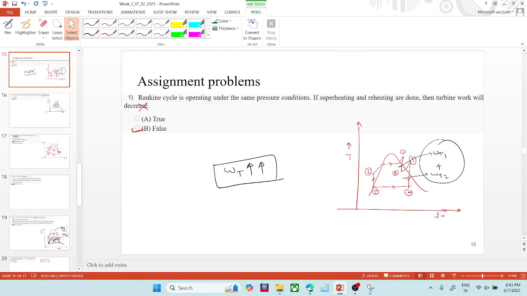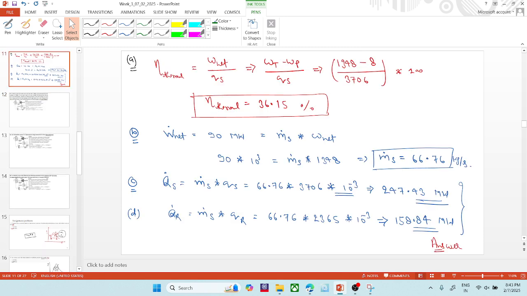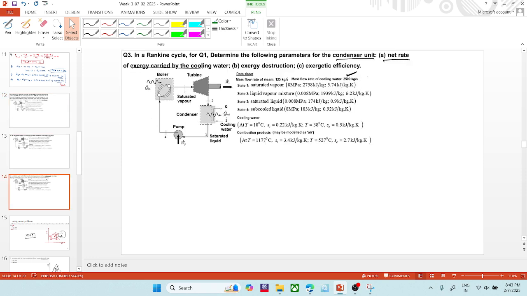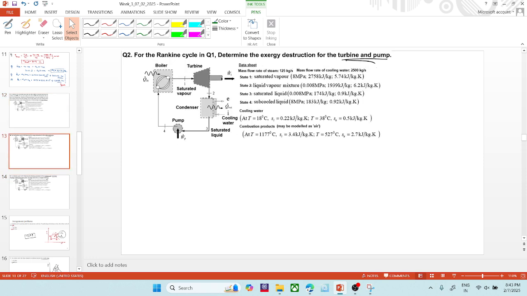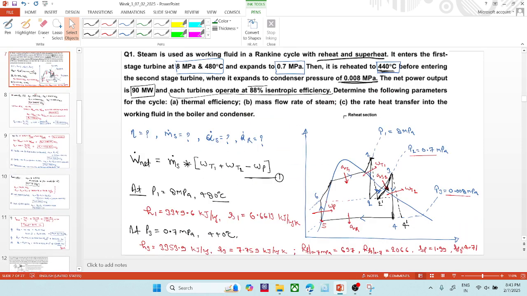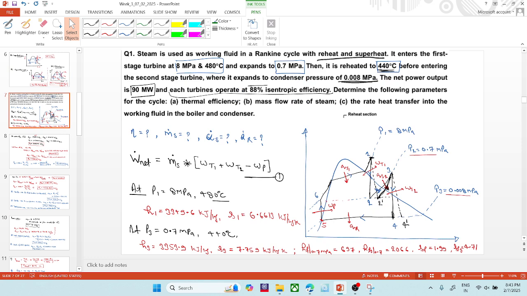I request you to please try these three interconnected problems. They are simply formula based, and I don't have the time to discuss all these things. I have solved this big problem, and you can go through it.